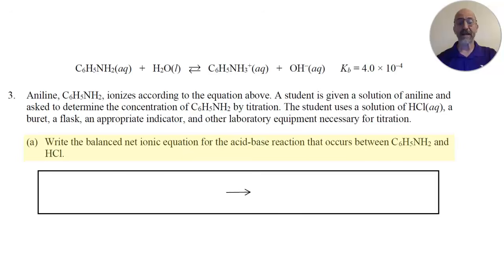So like we saw in question 1, will this be a strong acid, strong base? No. Like we saw in question 2, will this be a weak acid, strong base? No, this is going to be a weak base, the aniline, and a strong acid.